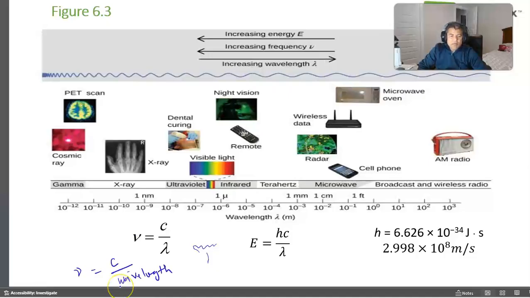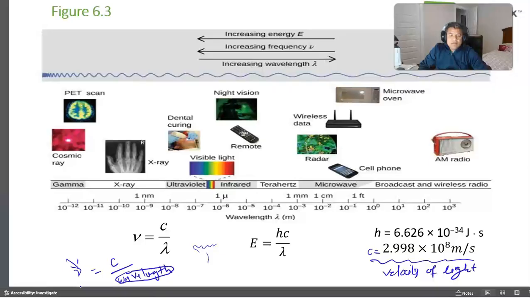If wavelength increases, larger the wavelength, smaller is the frequency, because the wavelength is in the denominator, right? Because c is a constant, c equals 2.998 times 10 to the power 8 meter per second in the vacuum. This is the velocity of light, that's why it is a constant value.